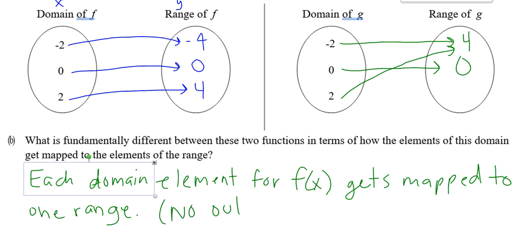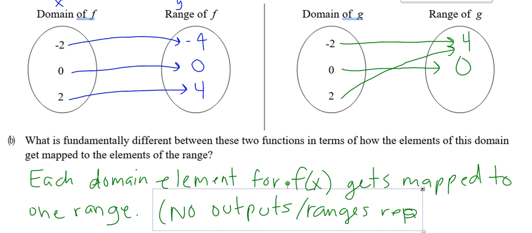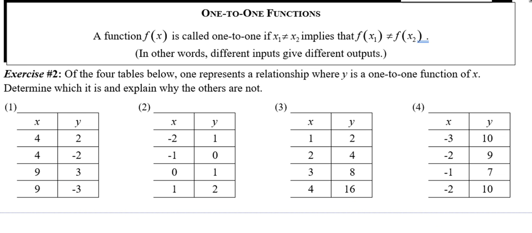No outputs or ranges repeat themselves. Very, very important that we notice that none of them repeat. Which brings us to what we're studying today, one-to-one functions.